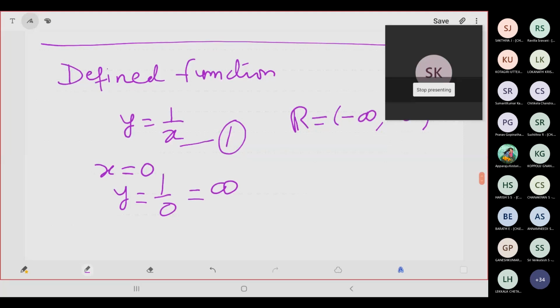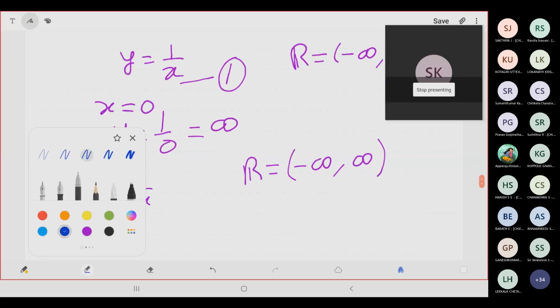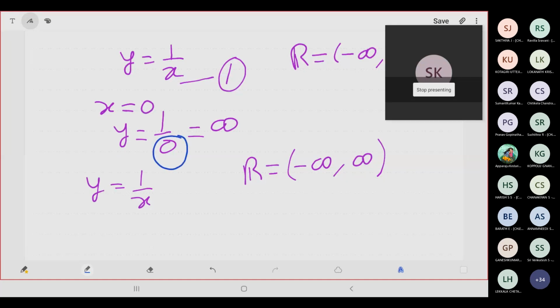In the same way, y is equal to 1 upon x, and we tried here. You can see here that 0 is the only point where the function is not defined.